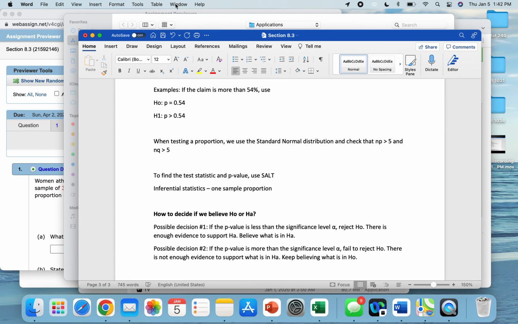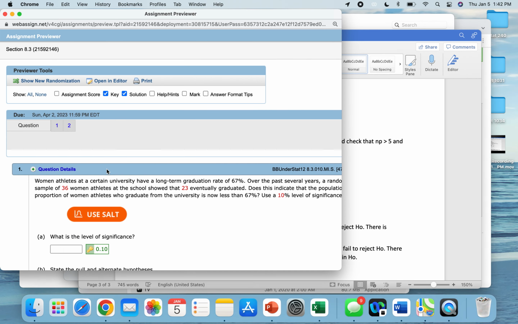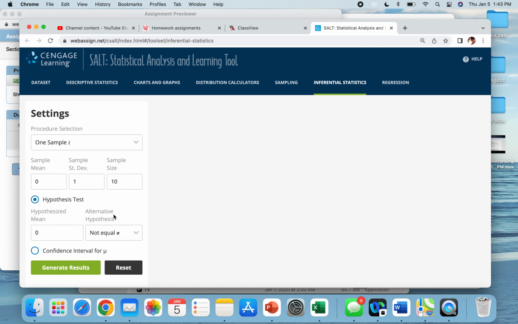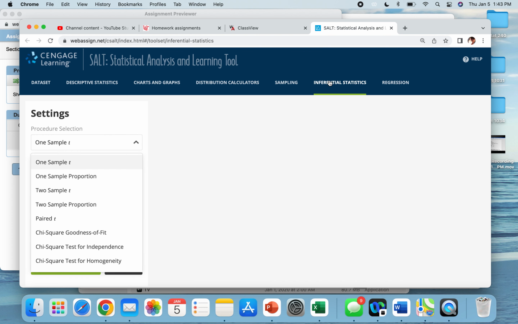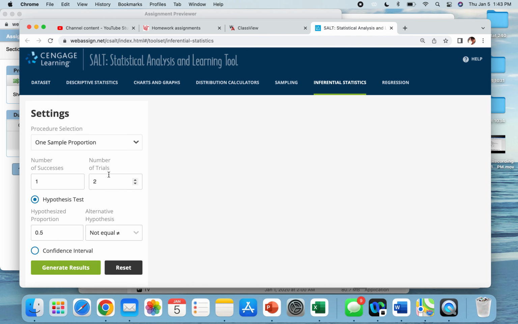So how would you use SALT? We want to go to inferential statistics. We're using a 1 sample proportion. The number of successes and the number of trials, and then you do your hypothesis test.